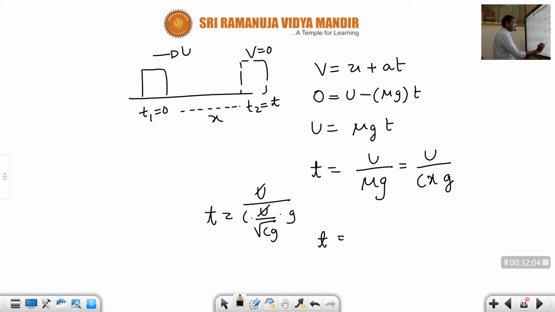Then time t is equal to 1 by c square g square under root, that is c square g square by cg. Therefore it is 1 by root cg. This is the time we can stop by this traveling.